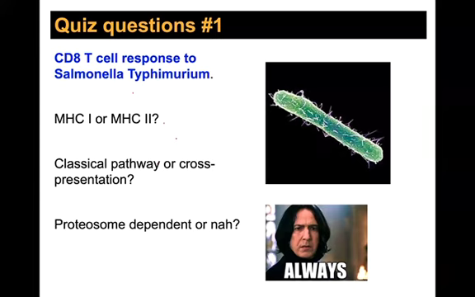Once you start that response and you get cytokines activating B cells and macrophages, they'll also express DM and DO. But class 2 is limited just to hematopoietic cells. You don't express class 2 willy-nilly anywhere in the body. It's very limited to hematopoietic cells that can act as antigen-presenting cells. Because of that, DM and DO are really only expressed in those same cells, because you don't need it anywhere else.